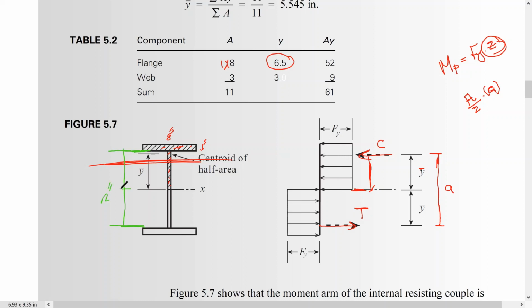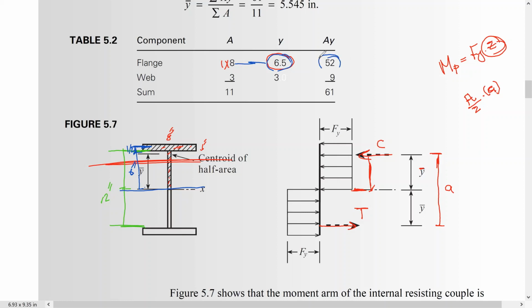So this one here is 12 divided by 2, so this is 6 inch. And the centroid of this one is 1/2. So y, the centroid of this, is equal, because we are taking this as a datum, to 6 plus 0.5, which is 6.5. So this one times this one is 52.